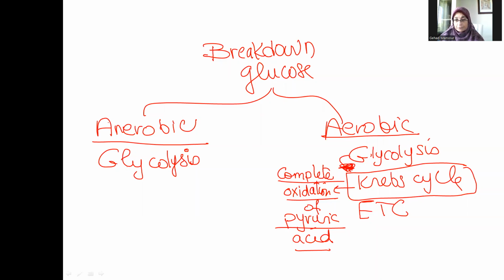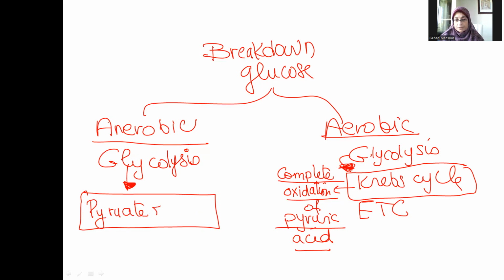But after glycolysis, we don't carry out the chemical reactions of Krebs cycle; what we do is pyruvate reduction, and there is no oxidation at all. Pyruvate does not enter the mitochondrion, and we stay in the cytosol.